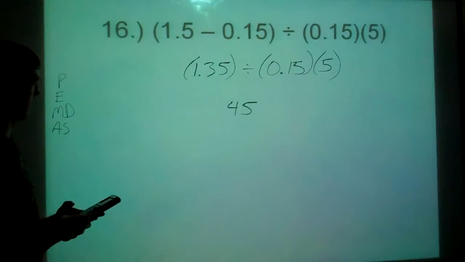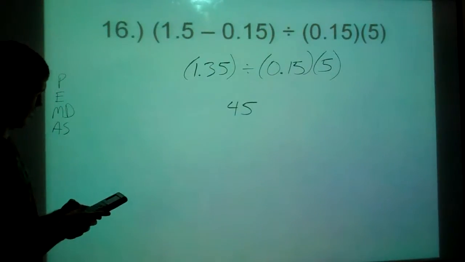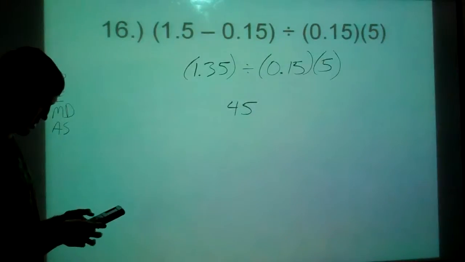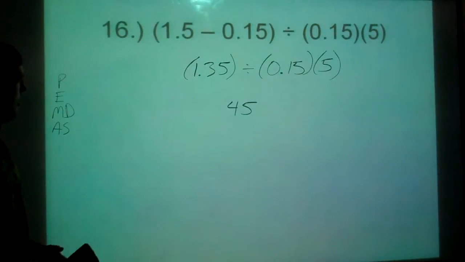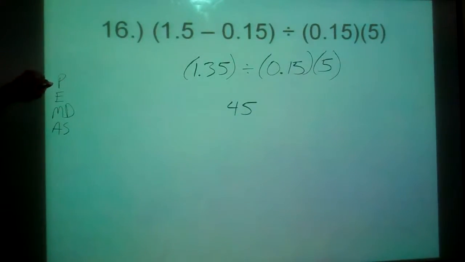Just double check that quick. Should be good. But if we use our order of operations, that's the way it should come out. So we could get a bunch of weird answers there if we don't follow our order of operations.